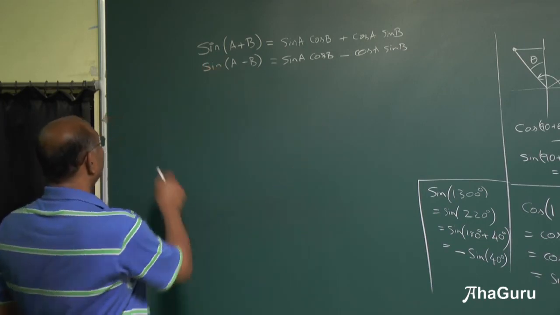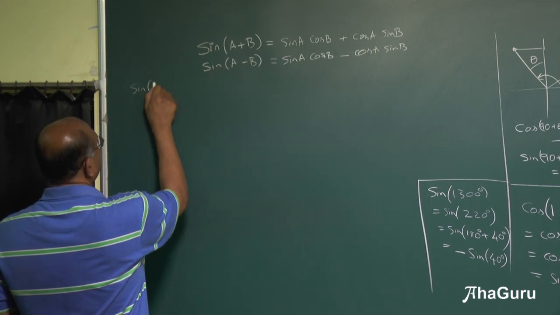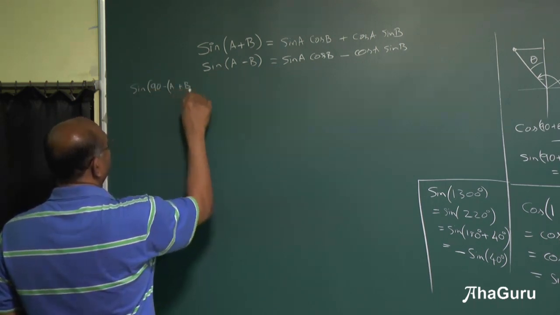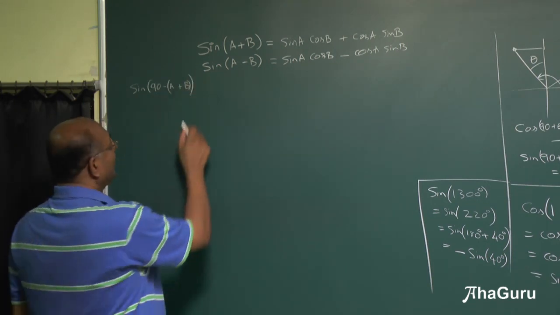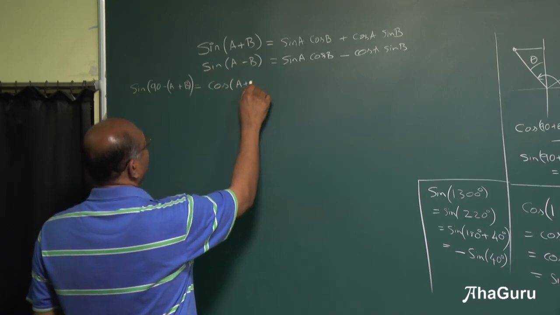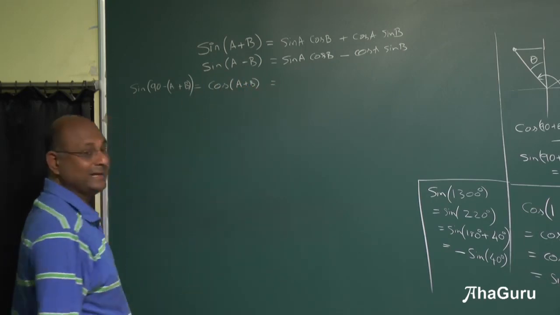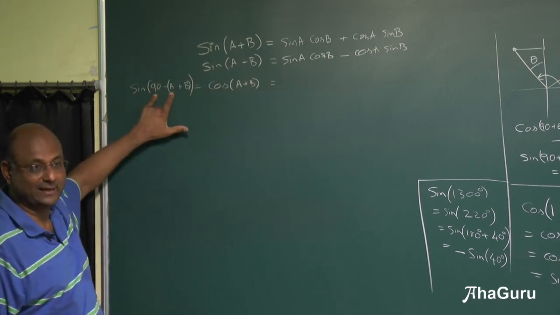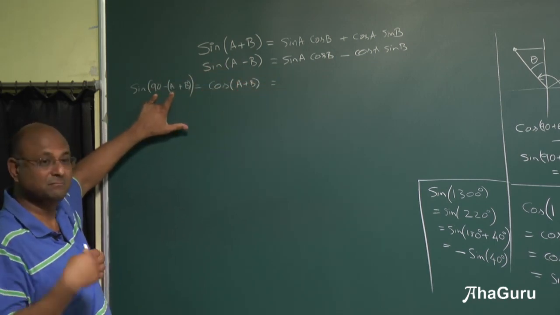What is sine of 90 minus a plus b? How much is that? You know that must be cos of a plus b. But what have I done here? I have taken this second formula and substituted 90 minus a instead of a. B remains b.